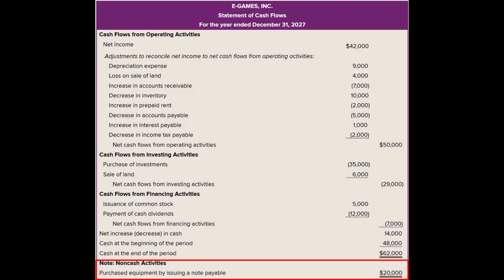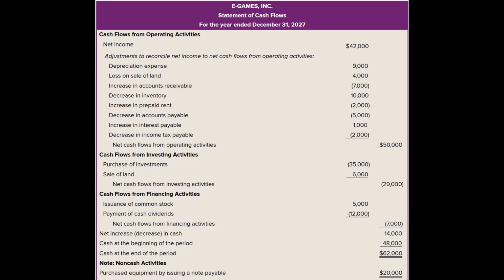No cash changed hands. Therefore, it cannot be on the statement of cash flows itself, but this is a significant transaction that investors need to know about. So, we disclose it in the notes to the financial statements. Other examples would be issuing stock to purchase a building or converting bonds into common stock.